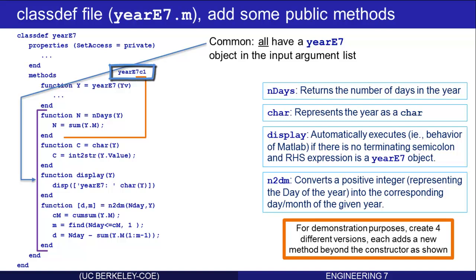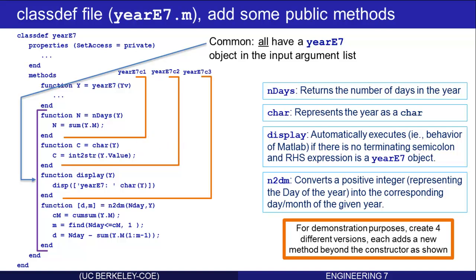The YearE7C1 class will simply have the constructor and then the endDays method. The C2 class will be named differently. It will have the constructor, the endDays, and the char method. C3 will add the display method. And finally, C4 will add the n2dm method. Let's move to Matlab and look at these.